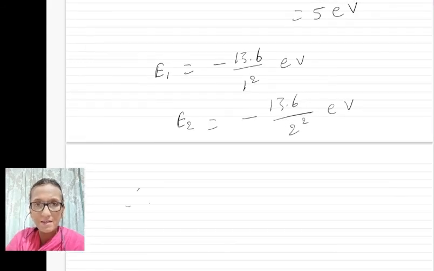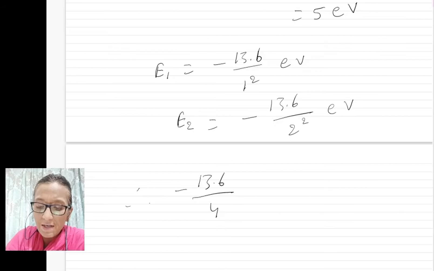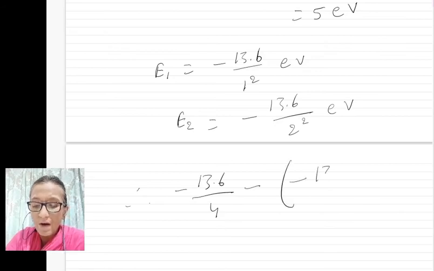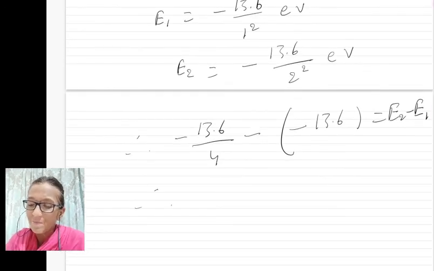So what is the energy difference? We will subtract the smaller energy from the larger energy. So you have minus 13.6 by 4 minus of minus 13.6. It is equal to E2 minus E1.